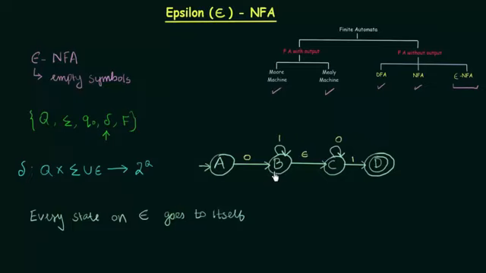B also on getting epsilon goes to B itself, and also goes to C since it is mentioned here. For C there is nothing mentioned for epsilon, but we should know that C on epsilon goes to C itself, and on 0 it goes to C, and on 1 it goes to D. And for D also nothing is mentioned, but you should remember that D on epsilon goes to D itself. So every state on epsilon goes to itself. This is one more point that you have to remember.